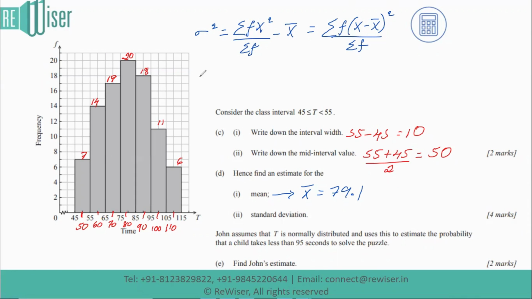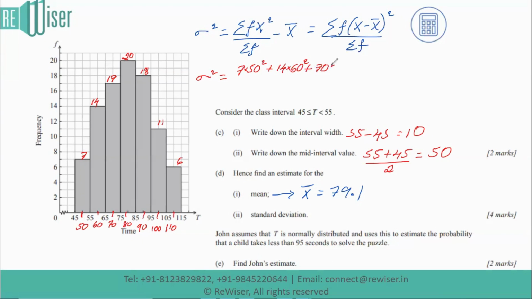So sigma square is equal to summation of frequency into data square, which is nothing but frequency 7 for the first one. So it's 7 times 50 square plus 14 times 60 square. We are taking all the mid values to calculate this.